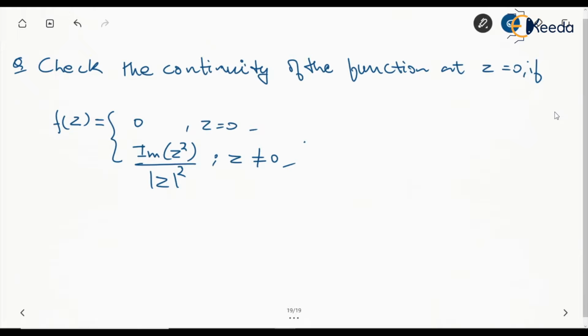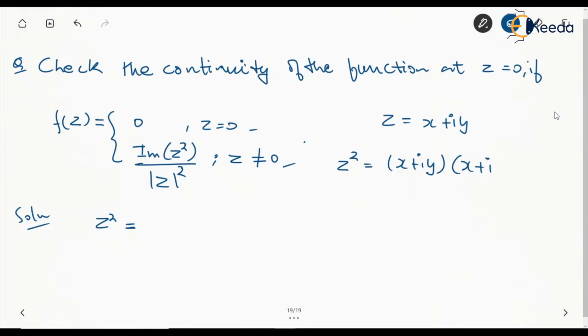So we have seen many times that z square, and you can also expand it for, let's say if z is x plus iy, then z square will be given as x plus iy square or x plus iy into x plus iy. In this case we will have x square minus y square as the real part plus i times 2xy, and this is the imaginary part of z square.